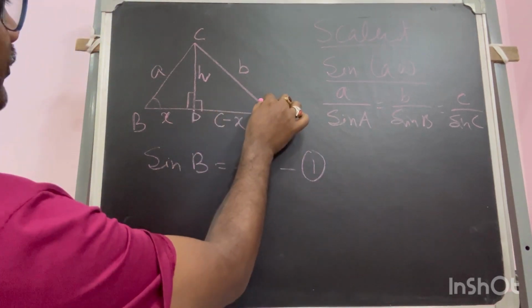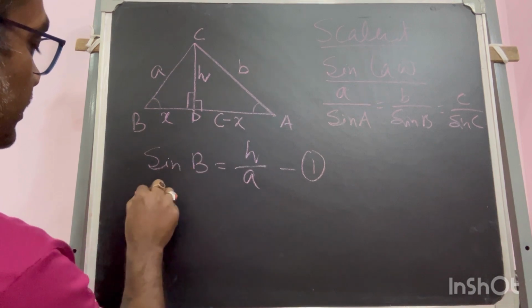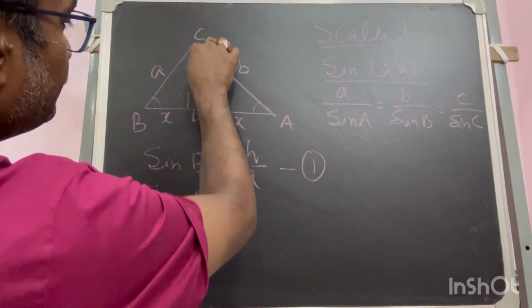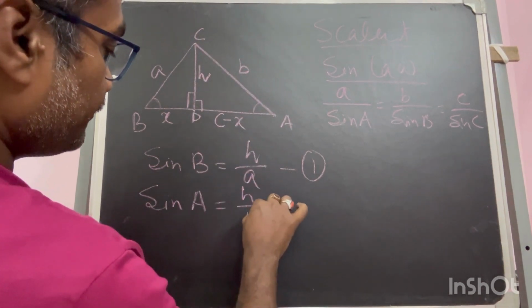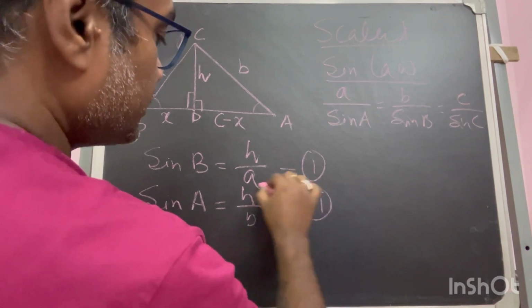Similarly, this is again a right angle triangle, if I take the sine of A, that will give height by hypotenuse, h by B. This may be the second equation.